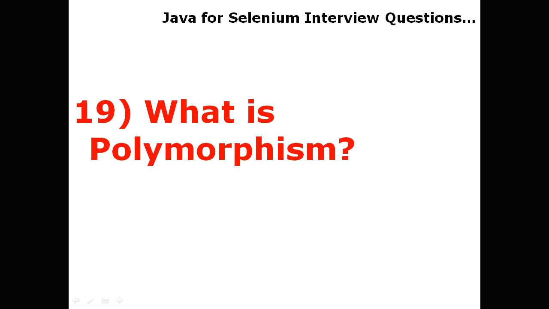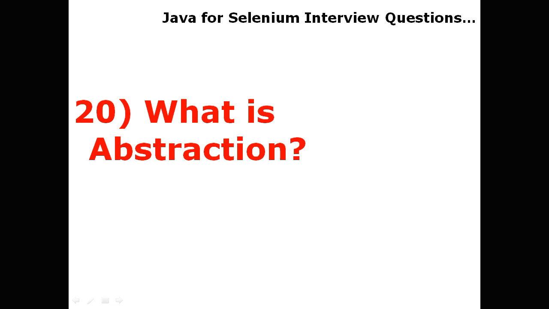Second one, runtime polymorphism or method overriding. Okay. Next, what is abstraction? It is a process of hiding implementation details and showing only functionality to the user.